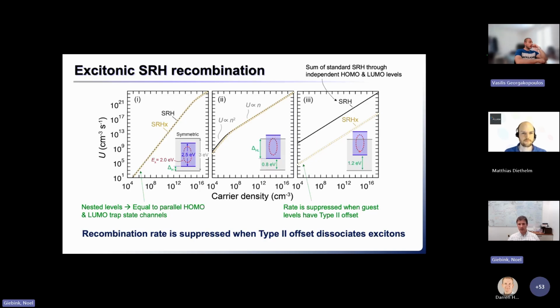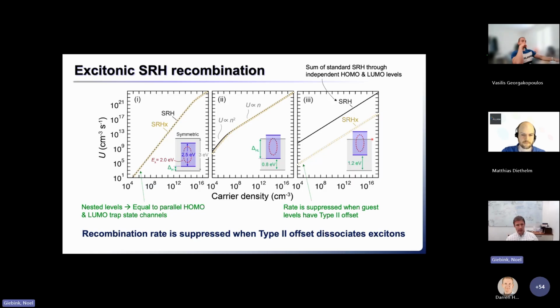And in particular, when you're significantly staggered, something like this, where you've got a type 2 offset, your excitonic Shockley-Read-Hall recombination rate goes down by orders of magnitude. And physically, this is easy to understand, just because we've now got a type 2 heterojunction. So as soon as we form the exciton on the guest, it has an increased probability of redissociating back into free charge carriers on the host.